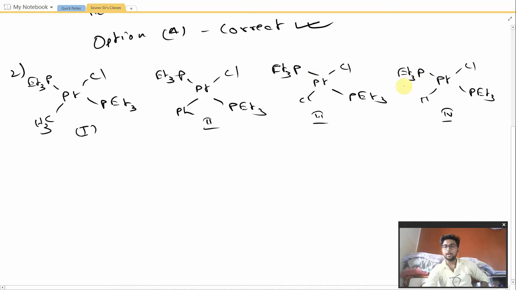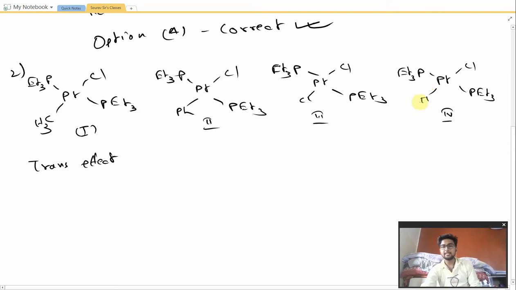Here the main effect that governs the substitution is the trans effect. The greater the trans effect of the group trans to the ligand that is being replaced, the greater will be the rate of substitution.